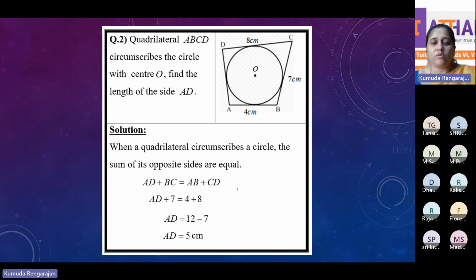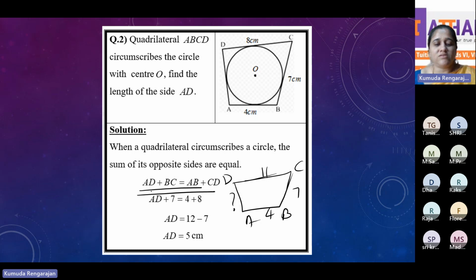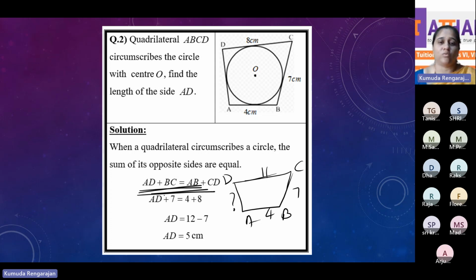Now remember, this does not hold good for any quadrilateral. Supposing you have a quadrilateral like this, AB, CD, with 4, 7 and something like 11 here. You cannot find this side using this result, children. This result can be used only when you can see a circle inside the quadrilateral touching all the 4 sides. Otherwise, no. Not for any quadrilateral. Only then this result is true.